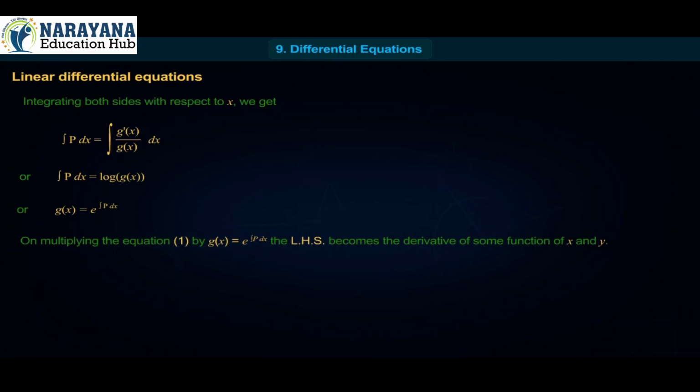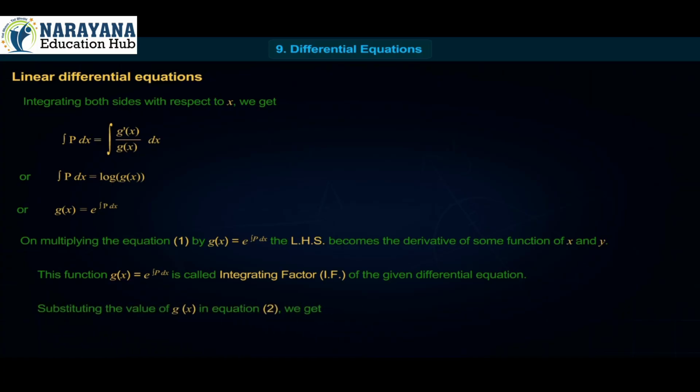On multiplying equation 1 by g of x is equal to e raised to integration p dx, the left hand side becomes the derivative of some function of x and y. This function g of x is equal to e raised to integration p dx is called the integrating factor, that is IF, of the given differential equation.